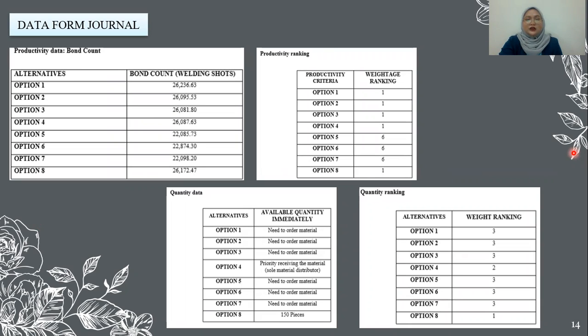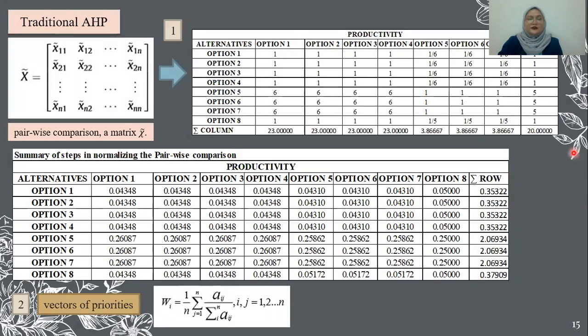For result and discussion, from data from the journal, I take, for example, productivity data. There is bond count, and from the bond count, I will be ranking the productivity data. After doing the ranking, I will do the comparison of the productivity with respect to the alternatives, which are option 1 until 8. After I get the summation, I will do the vectors of priorities using the formula.